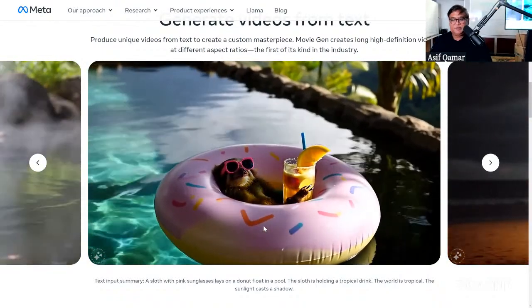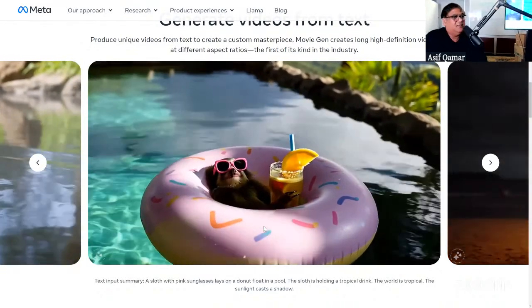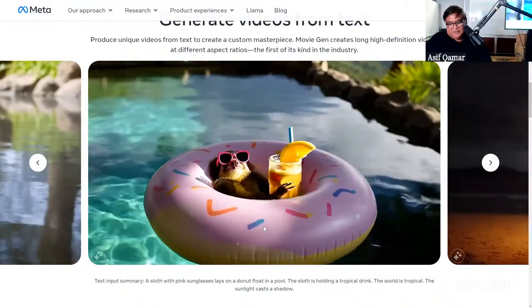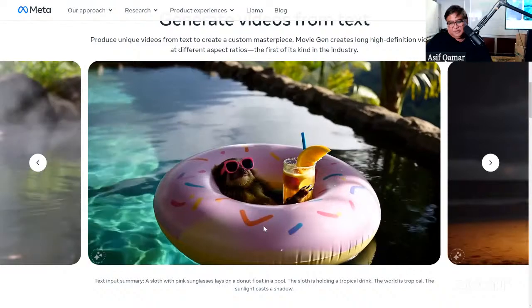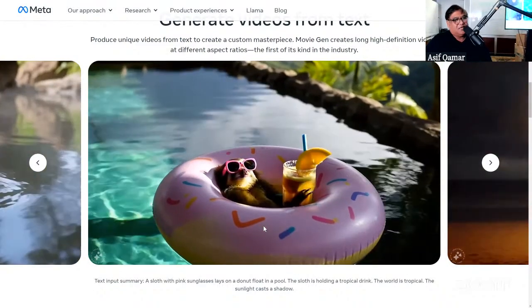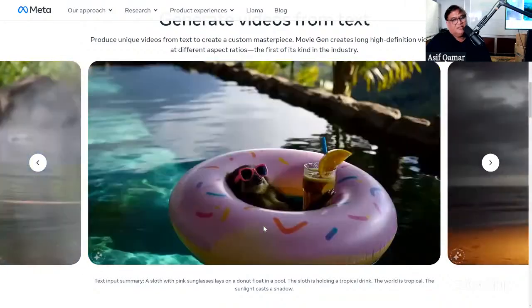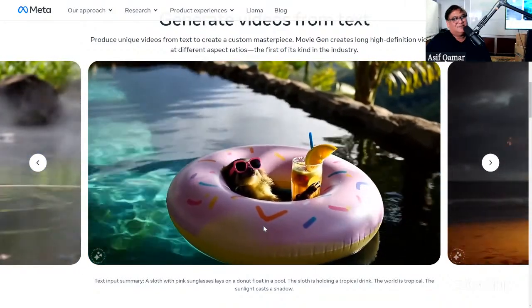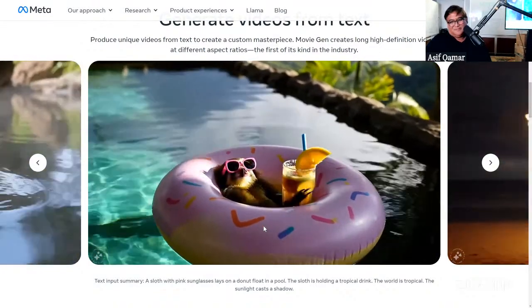So see, the first part might have been a little easy, a sloth with the pink sunglasses on a donut floating in a pool. But you make it hard. The world is tropical. The sunlight casts a shadow. So do you notice the interplay of shadows as the donut moves around in the pool? Right?